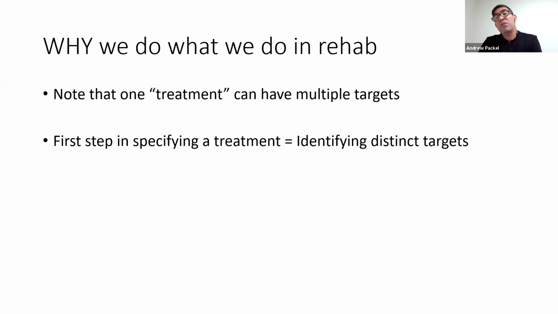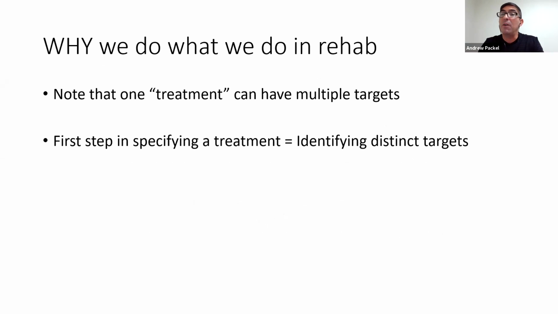Now, when we talk about the RTSS and try to specifically investigate the effects of individual treatments, we have to start with the idea that the term treatment, as we use in clinical language, can mean a variety of different things. Treatment could describe a whole course of inpatient rehabilitation treatment. It could describe a number of sessions. It could describe an hour-long session.